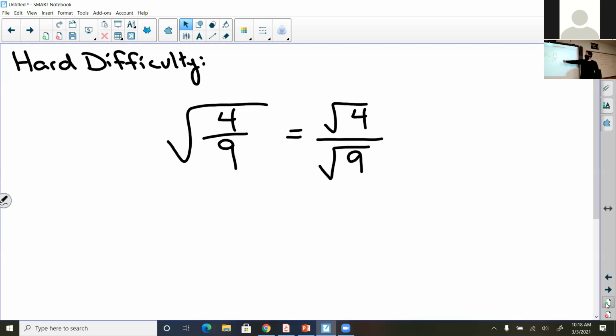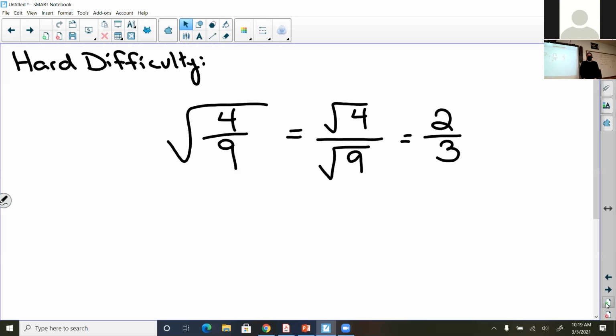So I am going to first simplify the numerator, the top number, then I'm going to simplify the denominator, that bottom number. Well, I know the square root of 4 is 2, and the square root of 9 is 3. So the square root of 4/9 is 2/3.